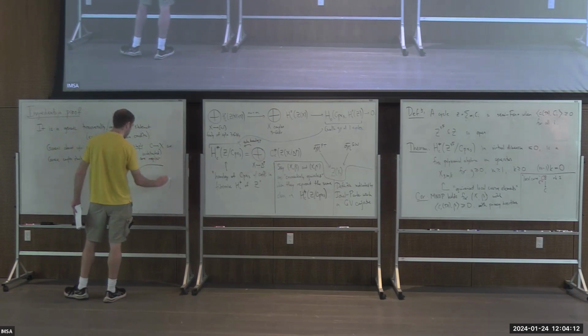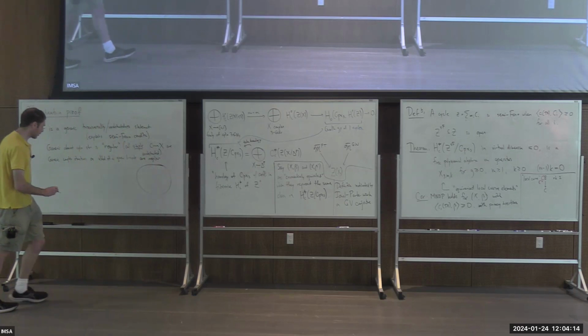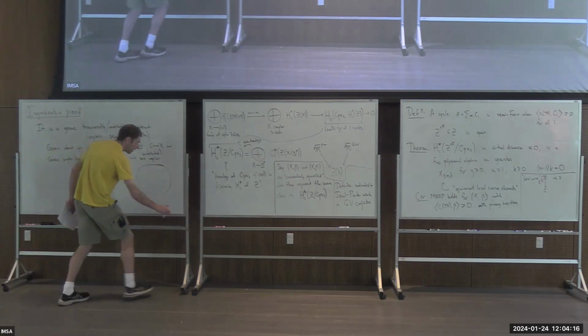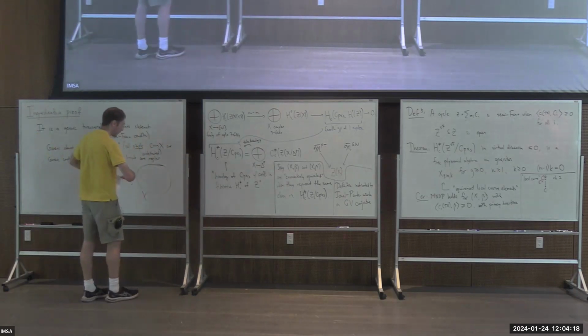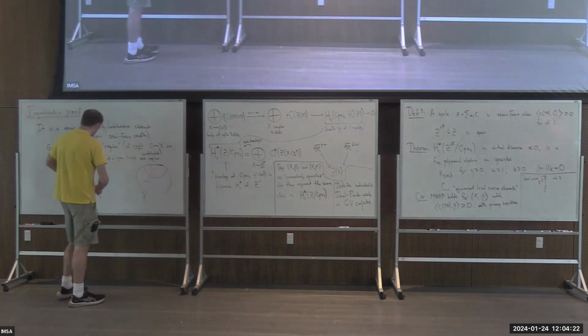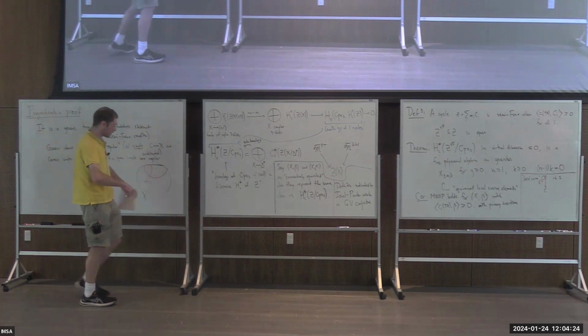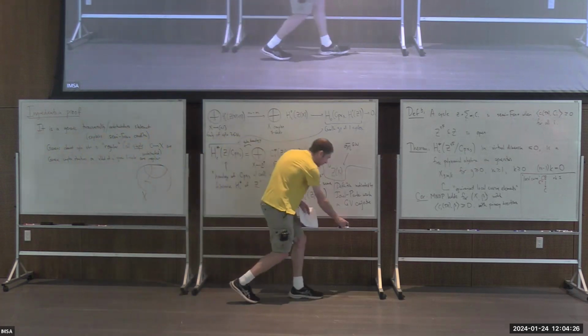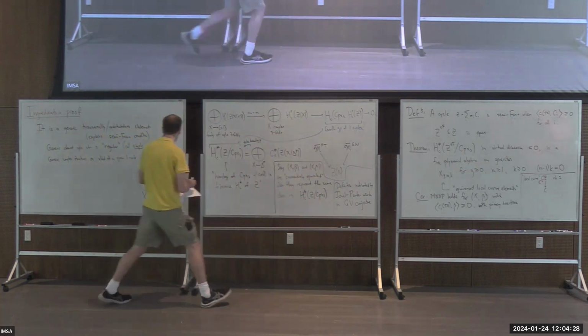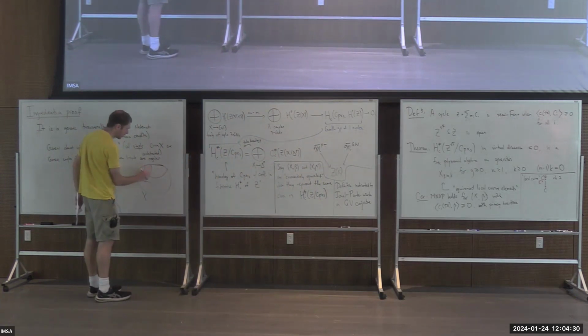So if I have a complex threefold X and the one cycle, and I then decide, well, I'm going to restrict attention just to this small neighborhood of the one cycle.